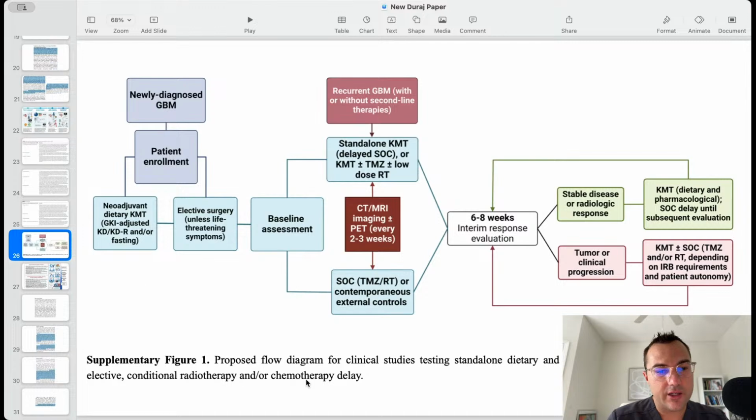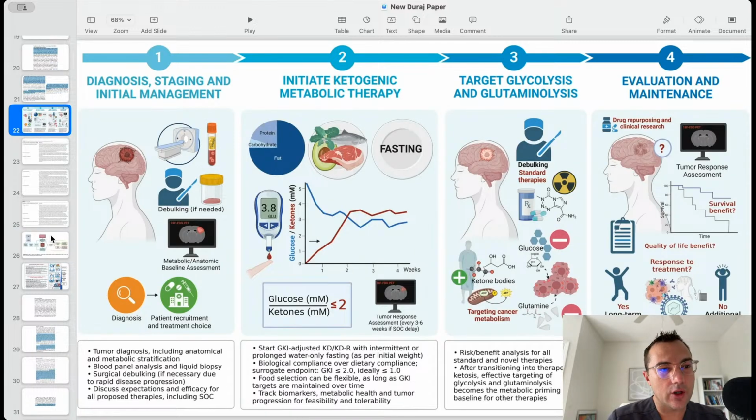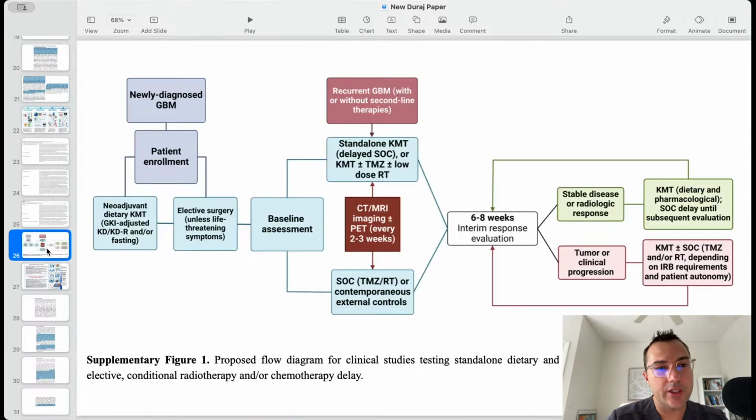This graphic here is just another way of looking at essentially the graphic we saw here, so beautifully illustrated in another way. So you're looking at a newly diagnosed glioblastoma multiforme. You're still trying to figure out what's what. You can do what they call neoadjuvant ketogenic metabolic therapy.